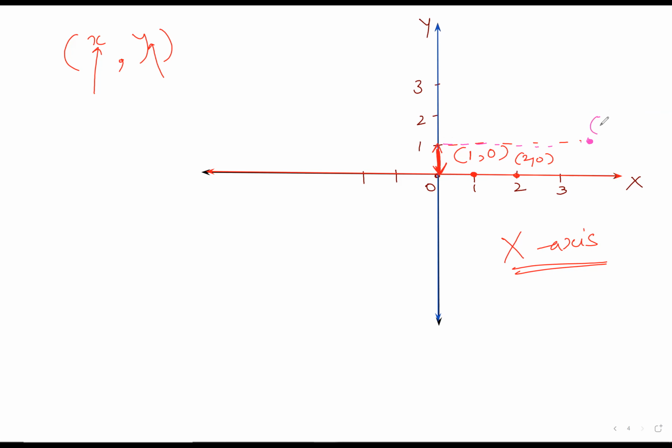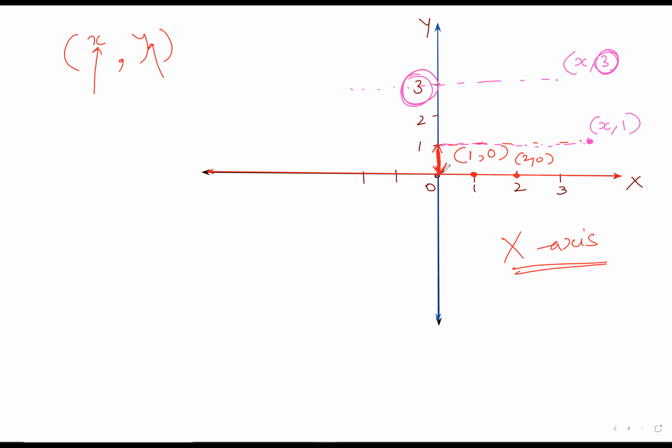So it's going to be something x, 1. The x coordinate can be anything, and y will be 1, if that point lies on this level. If there's a point that lies on this level, it's going to be of the form x, 3, because the y coordinate, the value of y over here, is 3.